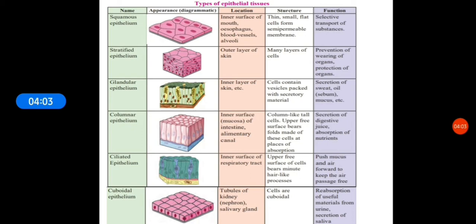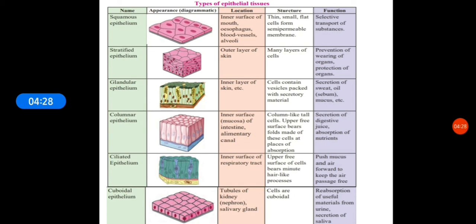Squamous epithelium tissues are located in the inner surface of the mouth, esophagus, blood vessels, and alveoli. These are formed by cells which are thin, small, and flat, and form a semi-permeable membrane. The function performed by squamous epithelium is that it is helpful for the transportation of substances.